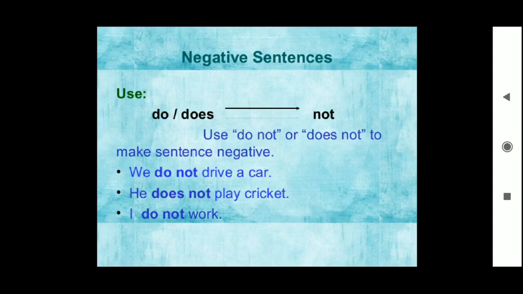See, the first word do is plural, but adding s or es to the verb do, it becomes singular, does. So if the subject is singular, we use does not, and if the subject is plural, we use do not.